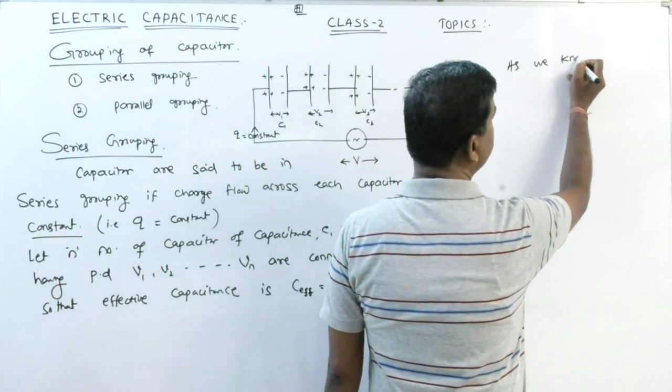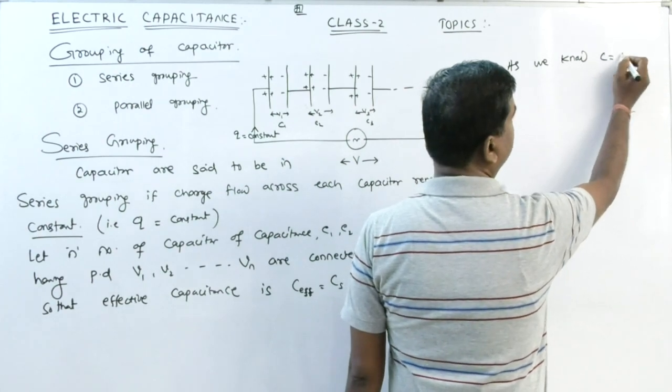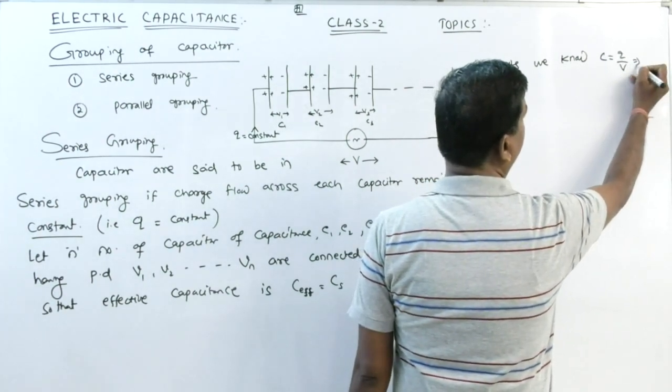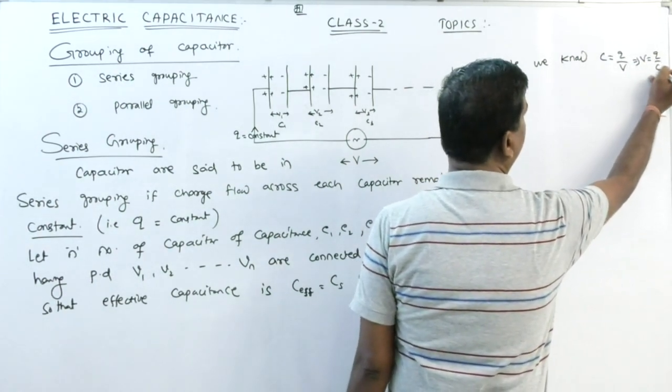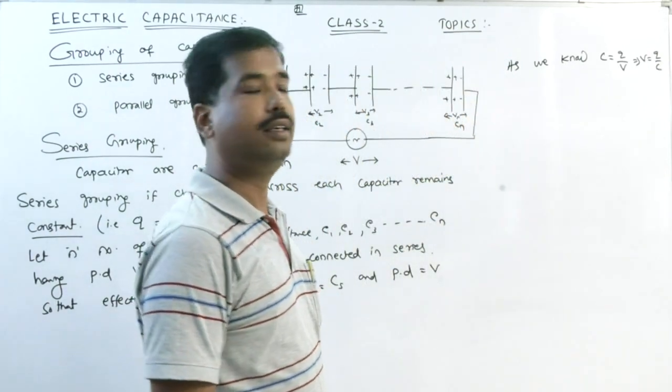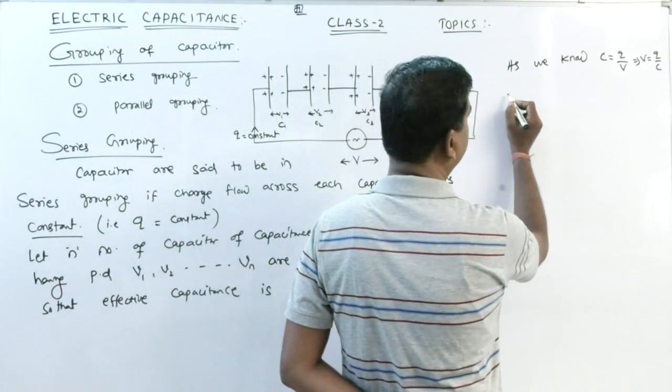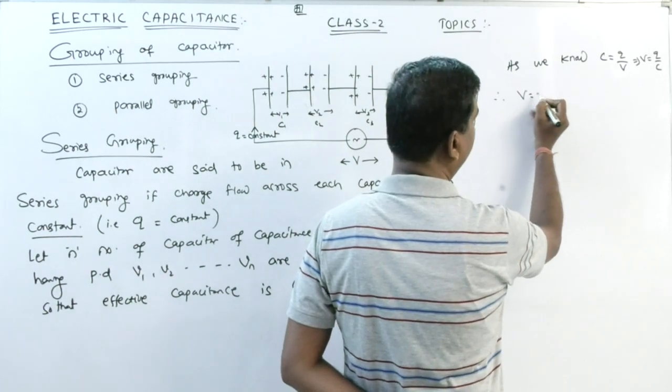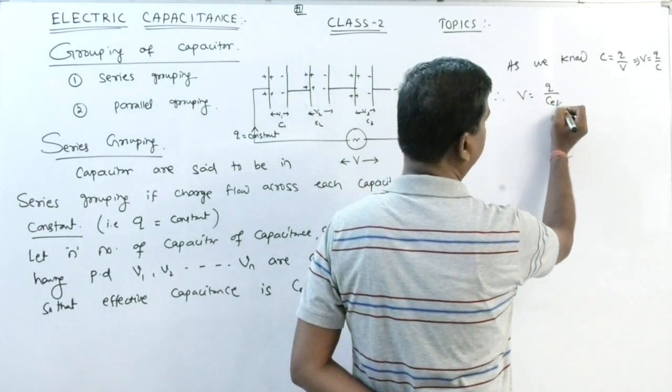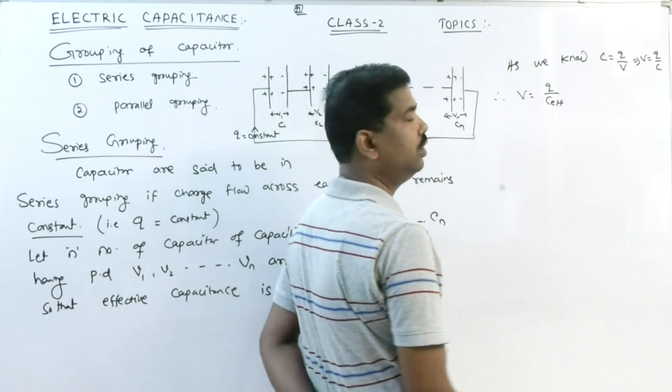As we know, C is equal to Q by V, or V is equal to Q by C. Therefore, V is equal to Q by C effective.